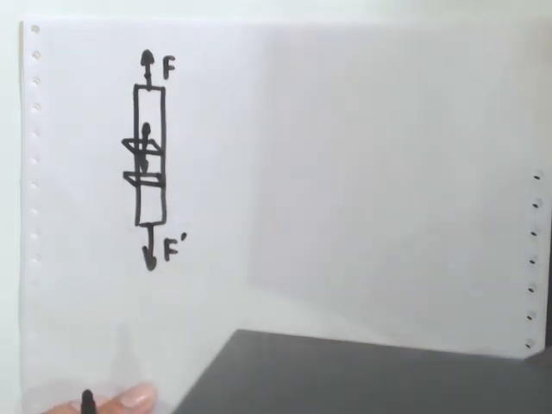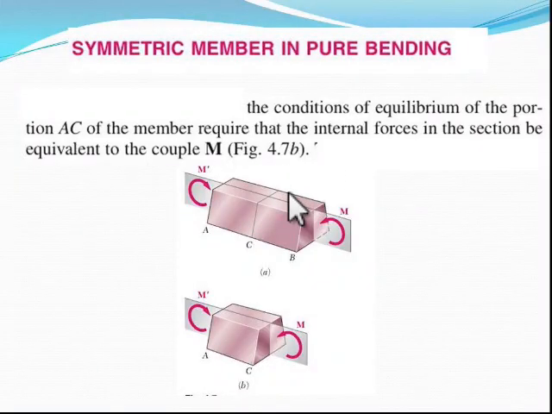A similar thing has to happen for bending also. Now let us look at our slides again. The external moments are being applied and these external moments have to be resisted by the cross section, otherwise the beam will fail. Now to elaborate that, we have taken this section and removed the part CB of the beam.